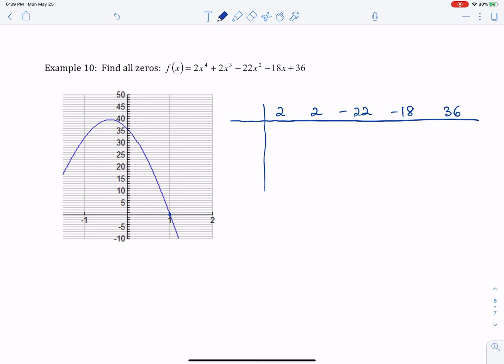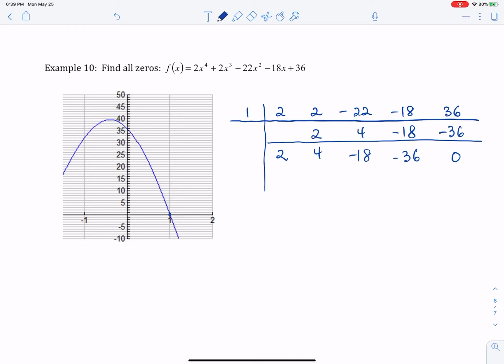Try with 1. 1 times 2 is 2, 2 and 2 is 4, 1 times 4 is 4, minus 22 is negative 18, minus 18, negative 36, negative 36, 0.